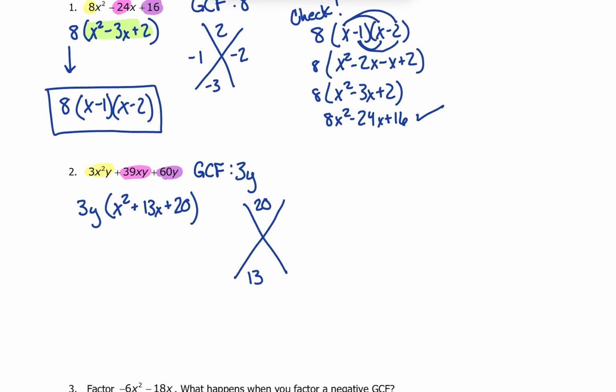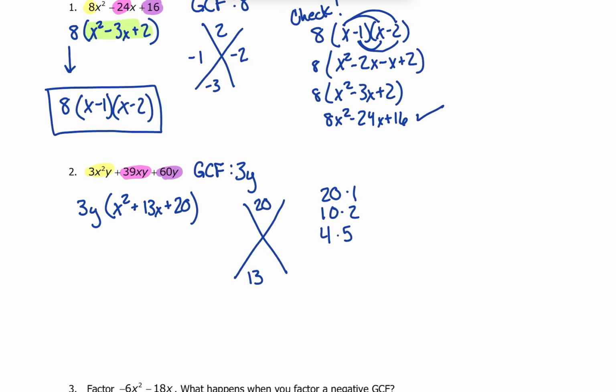What two factors of 20, what can we multiply to get 20 that adds to give us 13? Well, we have 20 times 1. We have 10 times 2. We have 4 times 5. And then we go reverse. We have 5 times 4, 2 times 10, and 1 times 20. But do any of these combine to give us a 13?